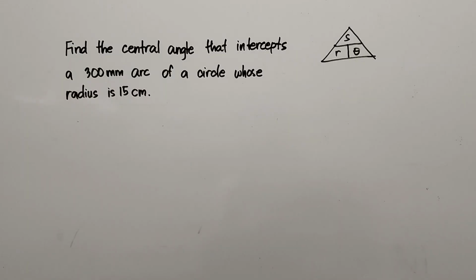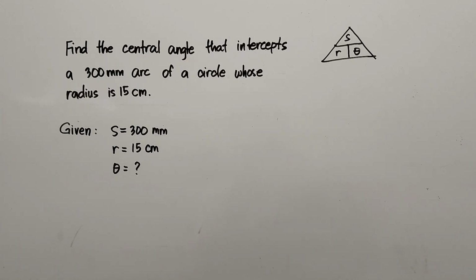Next problem, find the central angle that intercepts a 300 mm arc of a circle whose radius is 15 cm. The given are the following. Arc length, represented by S, equals 300 mm. The radius is 15 cm, and the central angle is unknown. Observe the units of our S and R. They have different units.